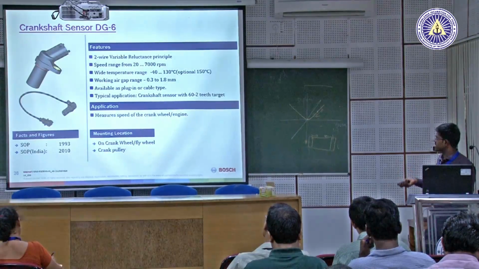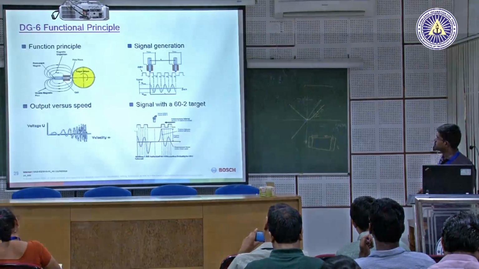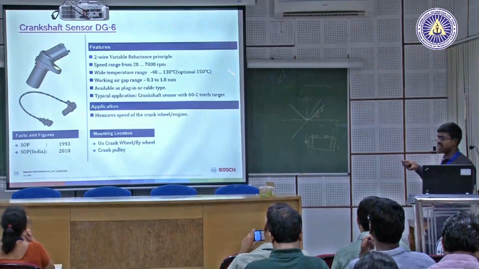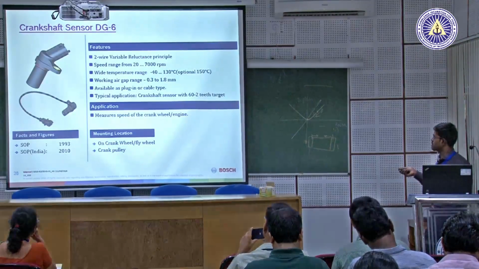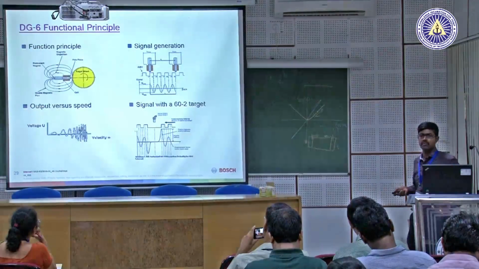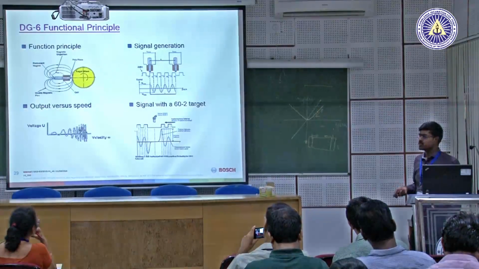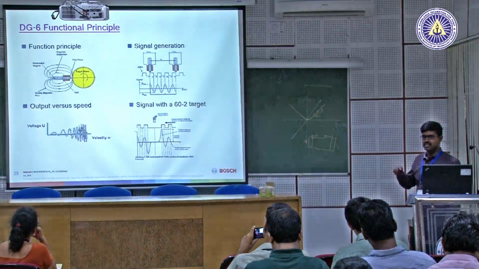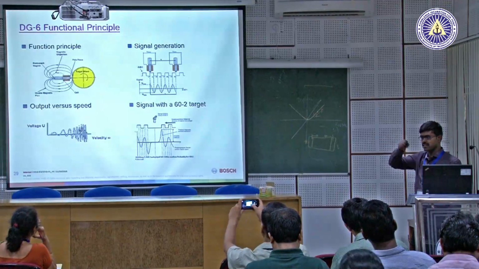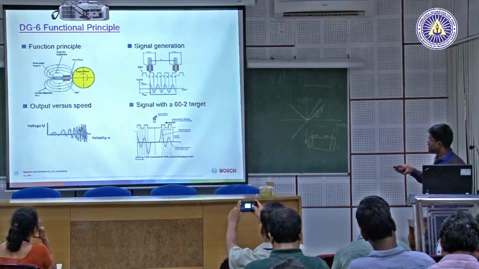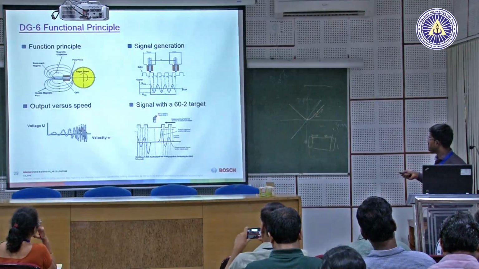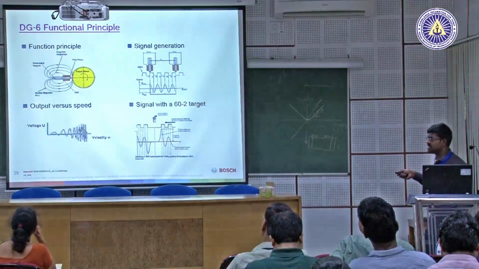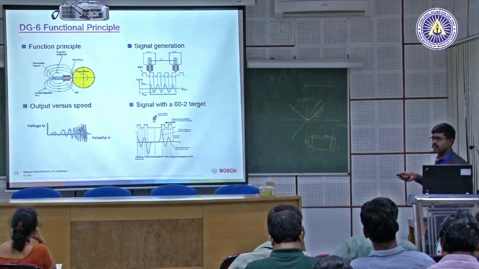So, these are all the features again. The principle, it uses a two-wire variable reluctance principle. It is nothing but it works on Faraday's laws of electromagnetic induction. So, you know there is a permanent magnet with a magnetic field, and there is a moving target wheel with small teeth and slots.